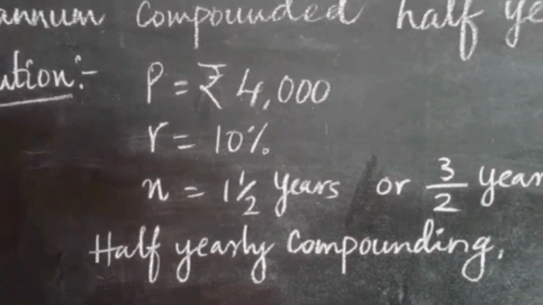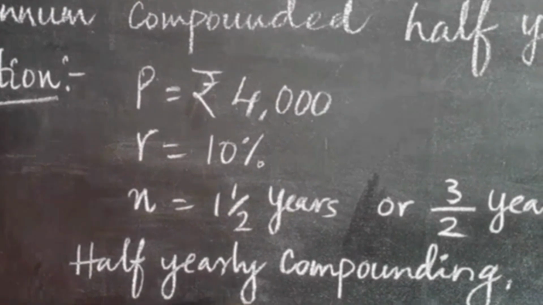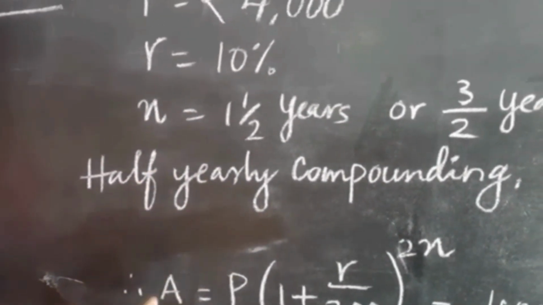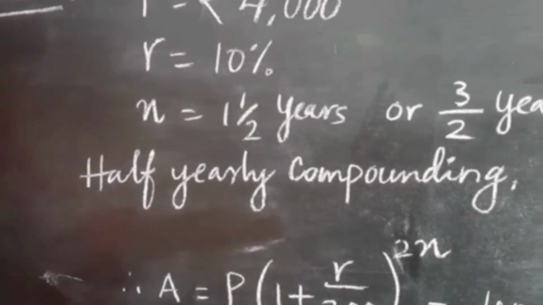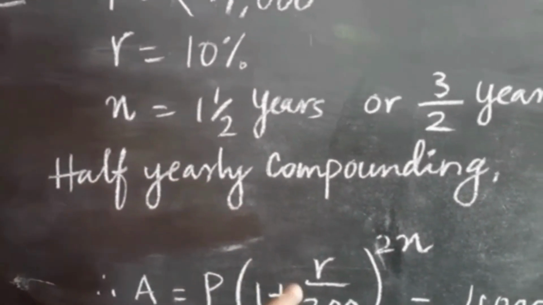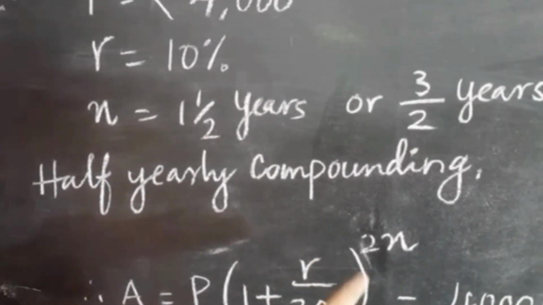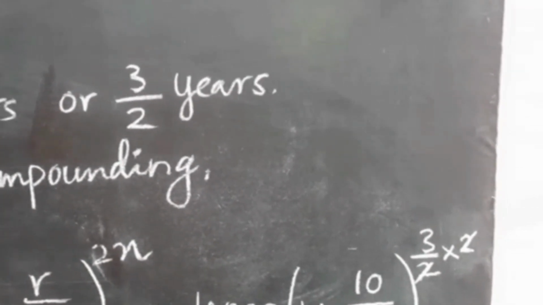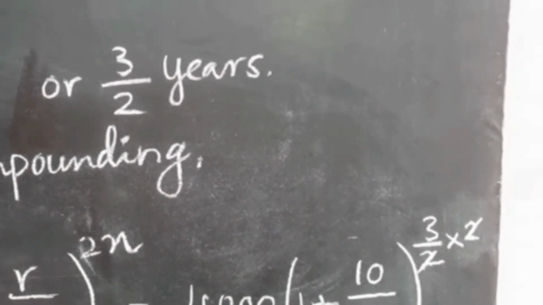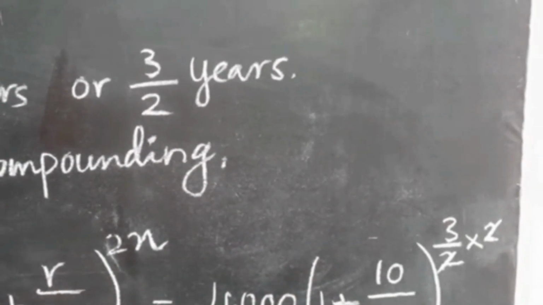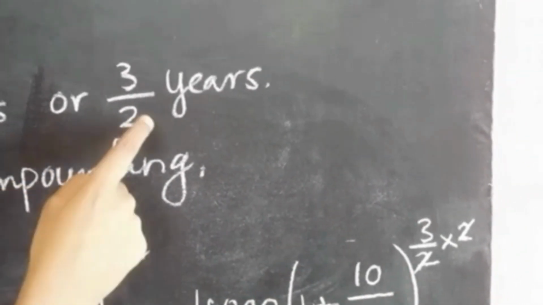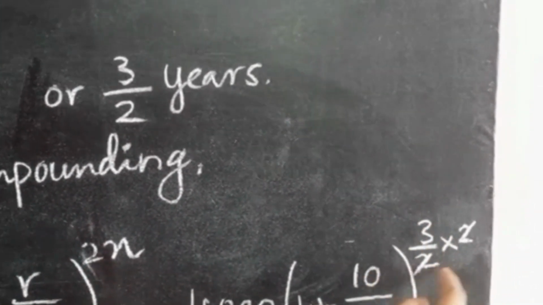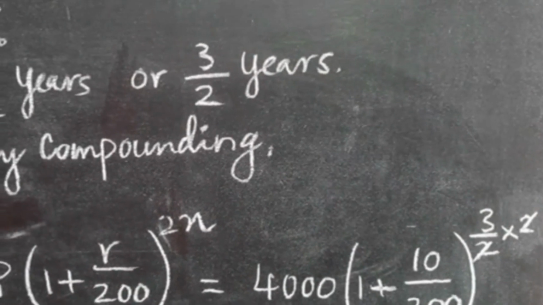So, half yearly compounding. For half yearly compounding, amount equals principal(1 plus r by 200) whole power 2n, which means P equals 4,000(1 plus 10 by 200), and here 3/2 years we write here, as here it is 2n, 3/2 into 2, which gives us 3.